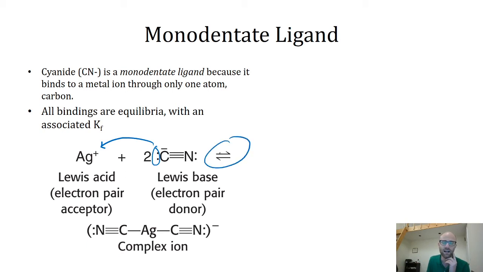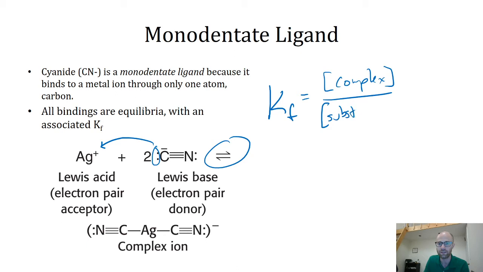And in each case, the complex is always in equilibrium, which means if there's an equilibrium, there's an equilibrium constant. And by definition, we're going to say that these ligands attach to these metal ions, these substrates, in a formation fashion. That is to say that the complex is the product. The complex is always the product. In this case, Kf would be equal to the complex concentration over substrate and ligand concentration, all of these being complex concentration, free substrate, free ligand.